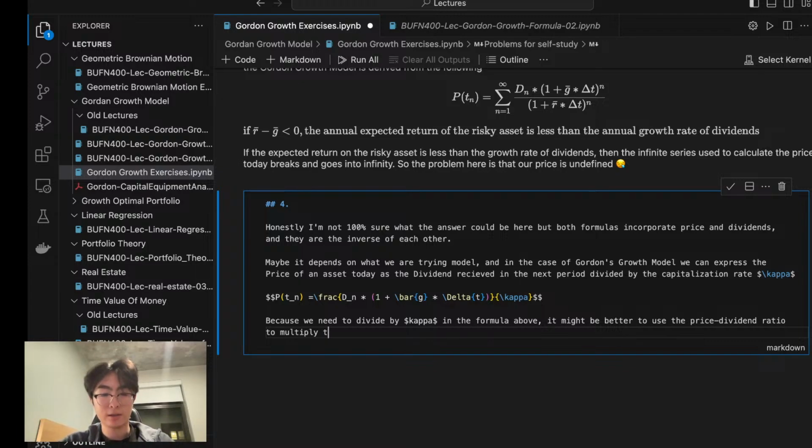To multiply because we need to divide by kappa, that can just be multiplied to next period's dividend.